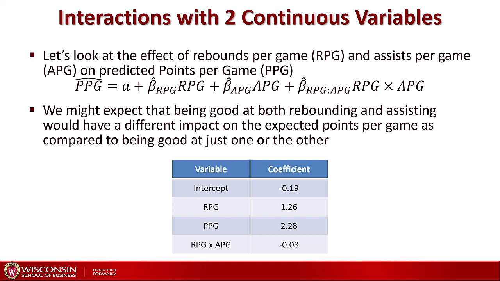The intercept is minus 0.19, the coefficient for rebounds per game is 1.26, the coefficient for assists per game is 2.28, and the interaction term has a very small coefficient, which is not statistically significant, but is estimated to be minus 0.08.